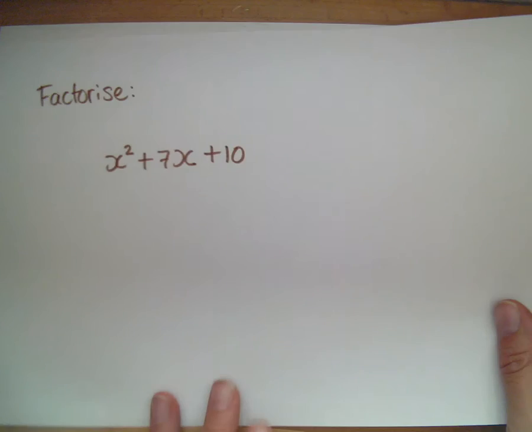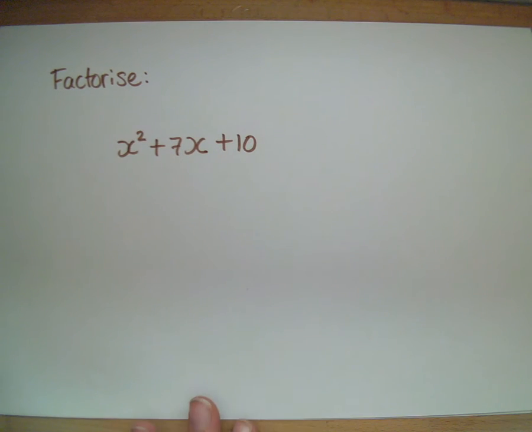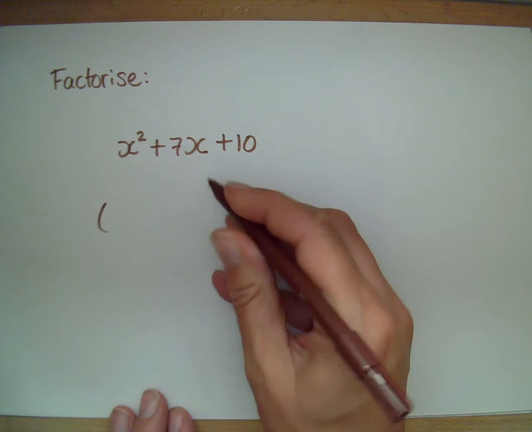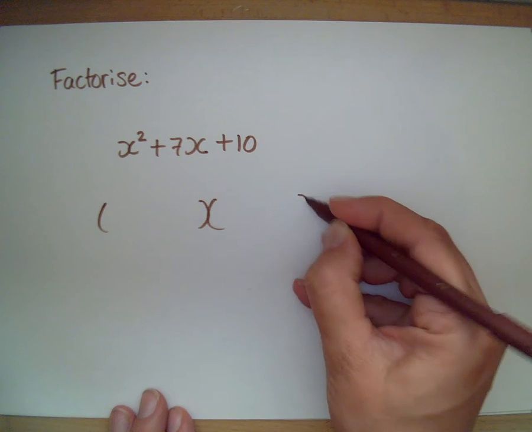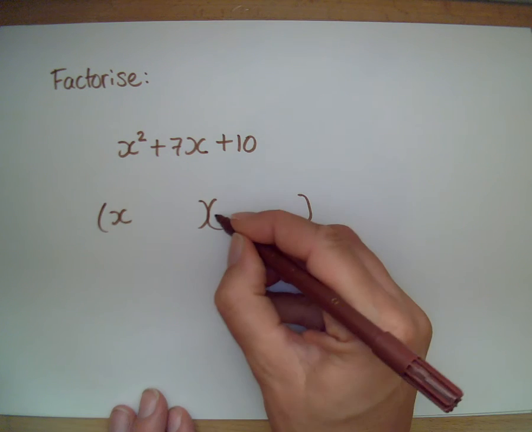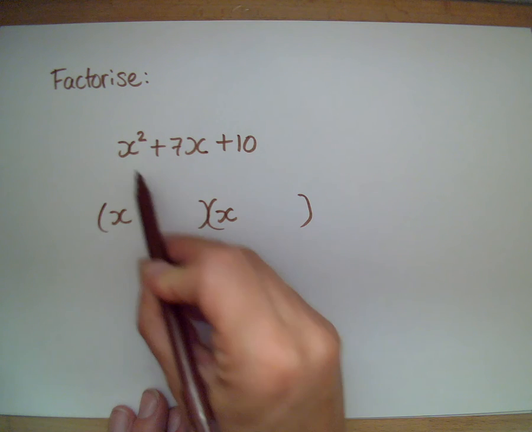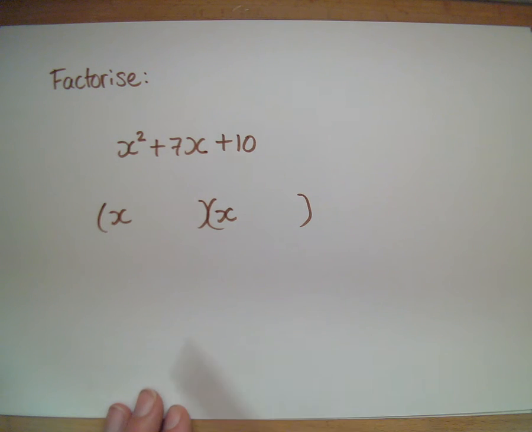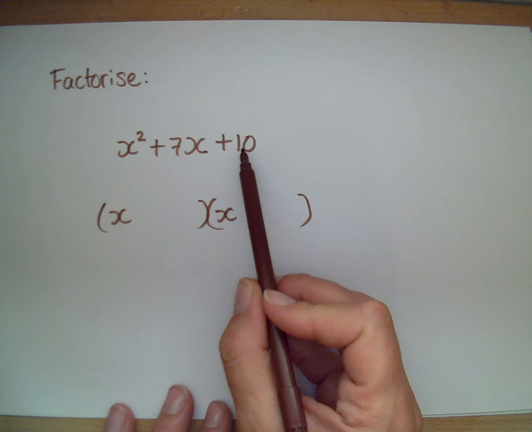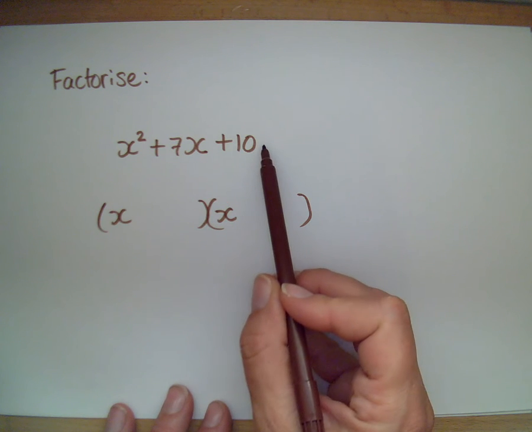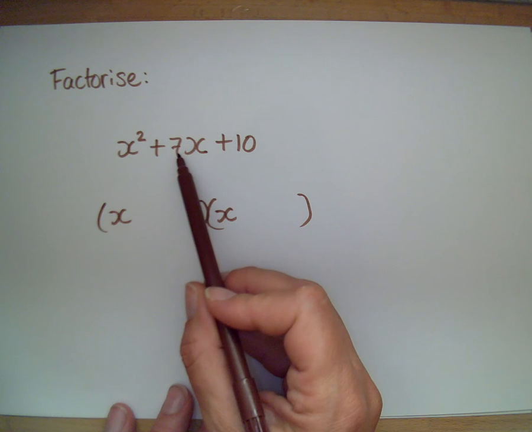Let's do a simple one. X squared plus 7x plus 10. The x squared we got from multiplying the firsts, x times x, x squared, right? Now we're going to look for two numbers that multiply to give 10 and add up to give 7.